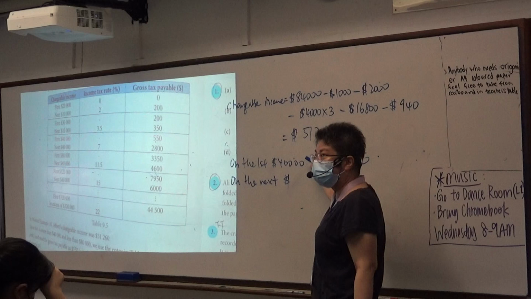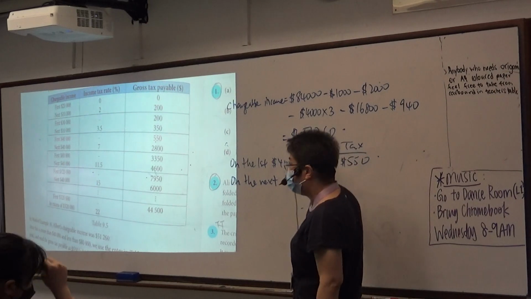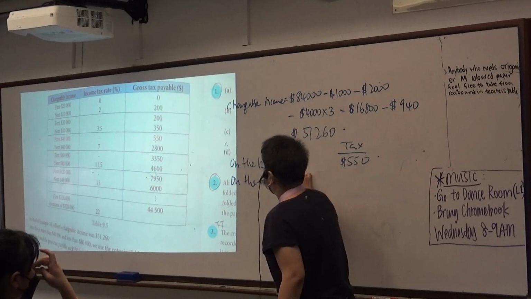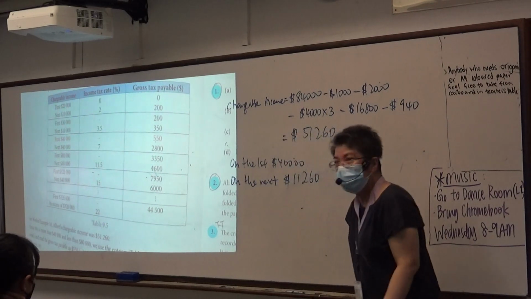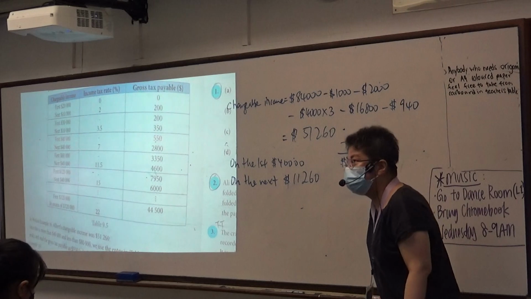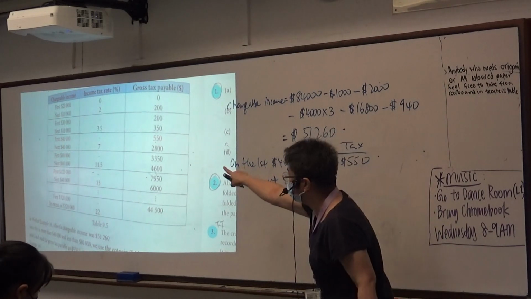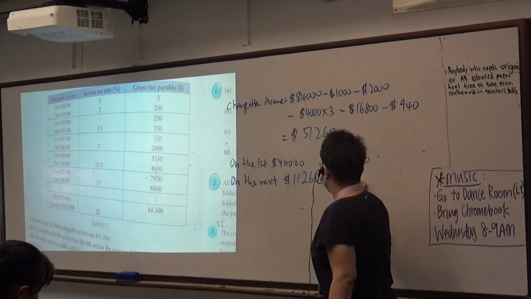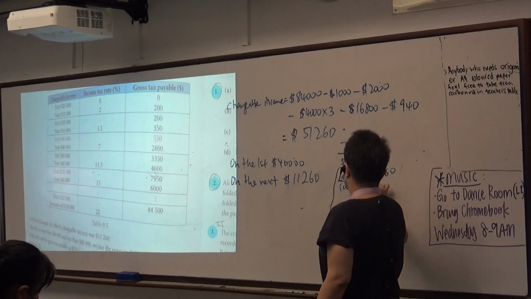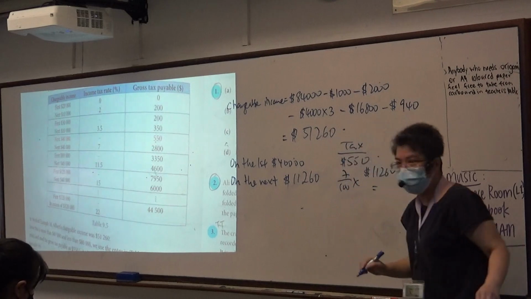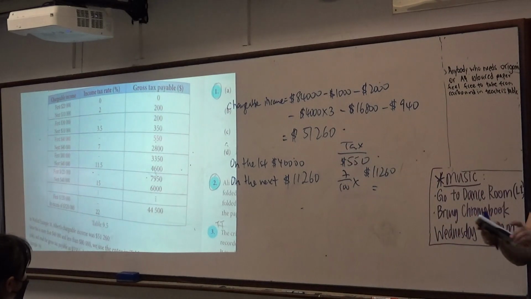So left what? 11,260, alright? Do you agree it's 11,260? How many percent? Look at the table. How many percent? 7. So 7% times 11,260. Are we clear? Okay, so 7% times 11,260.